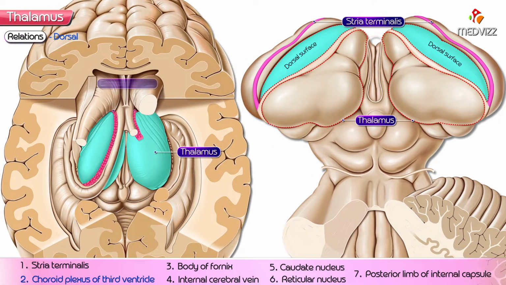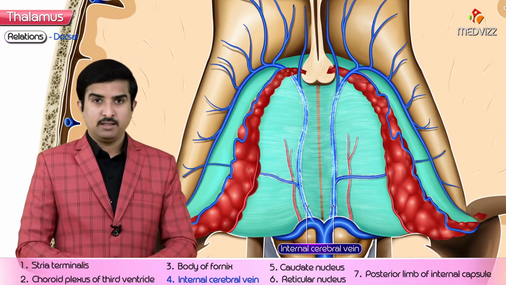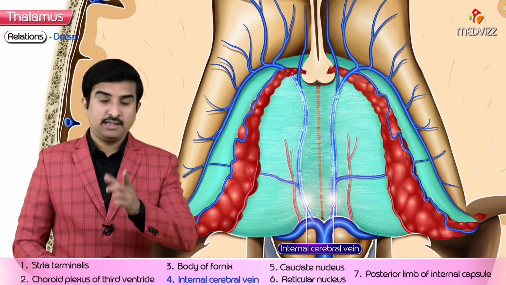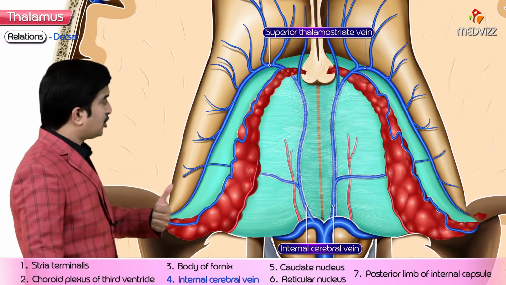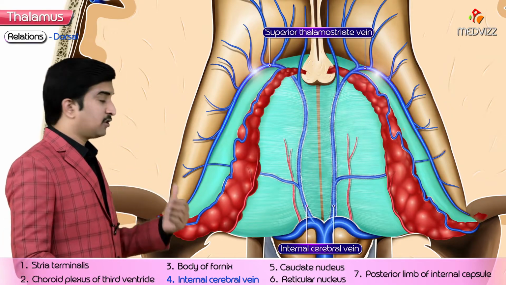Other than this, the choroid plexus of the third ventricle and the body of the fornix are related dorsally to the thalamus. And the internal cerebral vein courses along the dorsomedial length of the thalamus, while the superior thalamostriate vein runs along the dorsolateral surface of the thalamus.